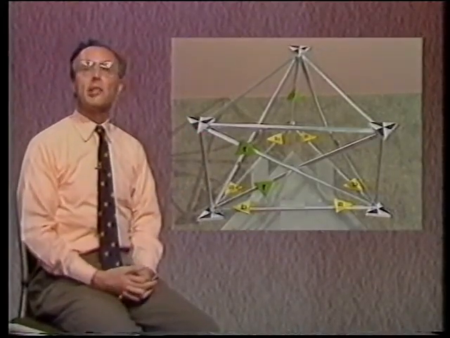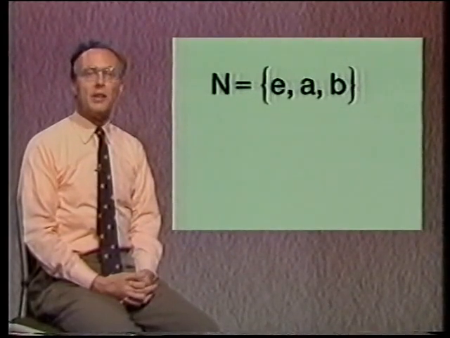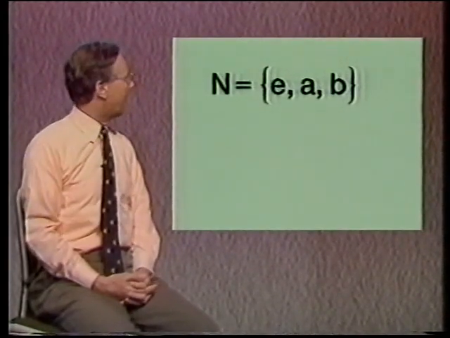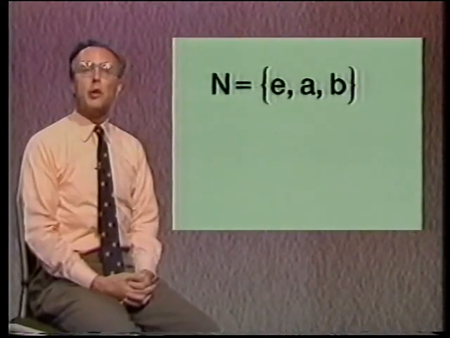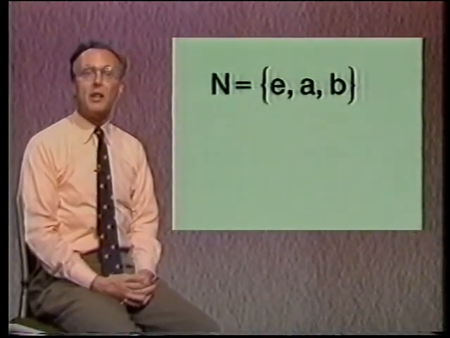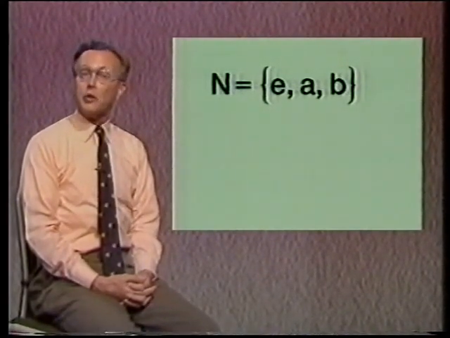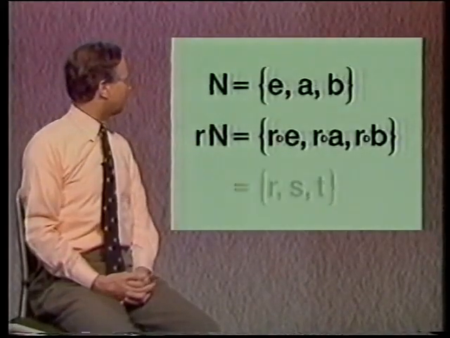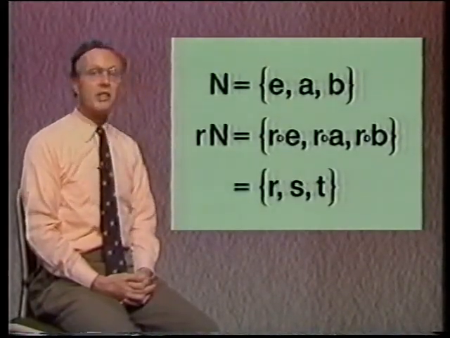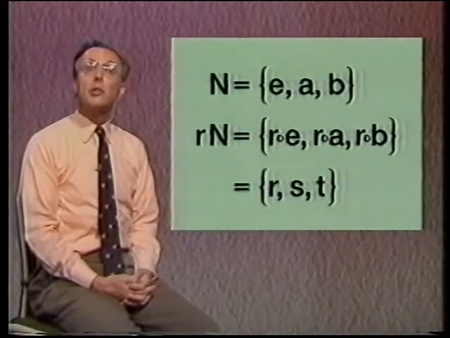Let's see how you might express that in symbols. We started with a subgroup N. That's the elements E, A, and B. To form the other coset, we chose an element R, not in N, and combined it with each element of N in turn. The coset Rn is the set of elements you get. And that's the set R, S, T. Notice that the second coset is not a subgroup.